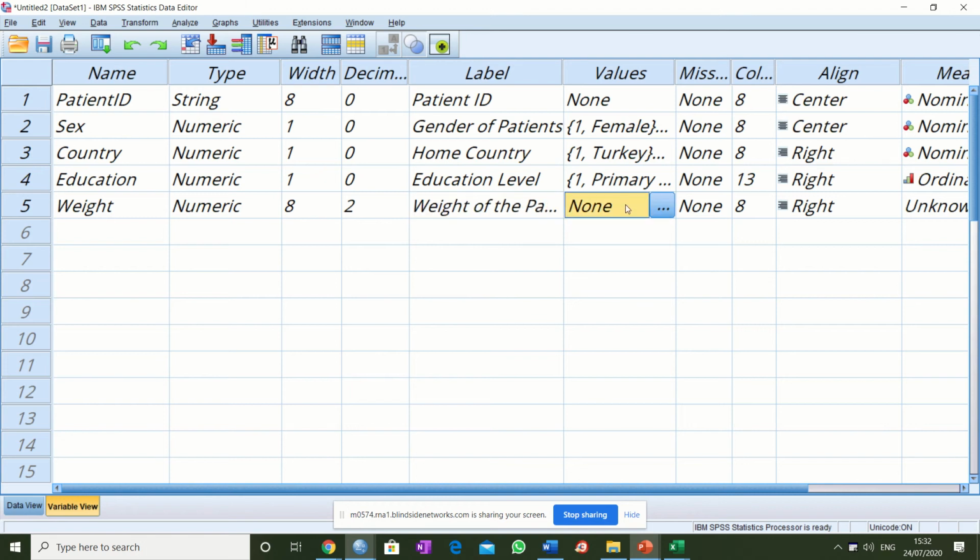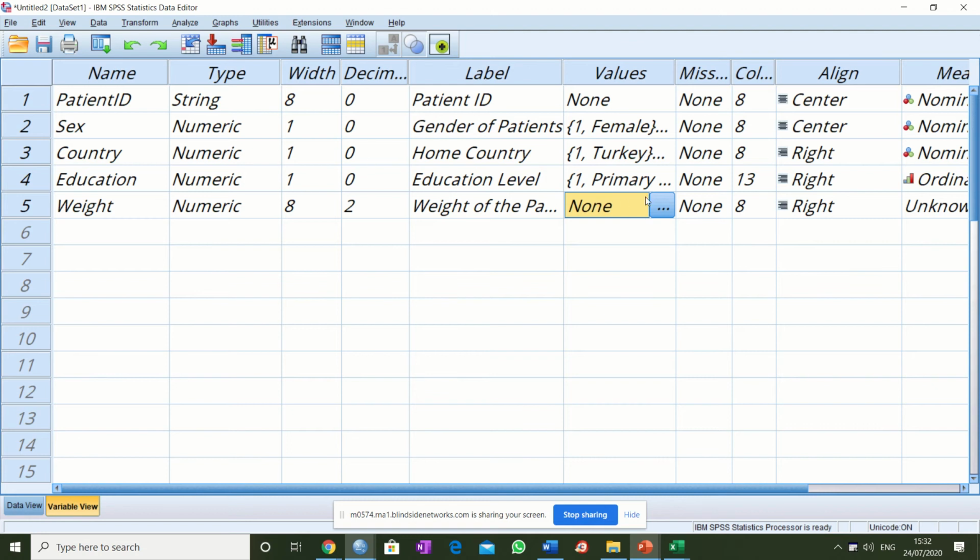You don't group weight. Generally, you don't group weight or height or some measurements, some blood measurements. You leave it as scale because they can be very different. There is a variety of different weights, and it's hard to group all of them.